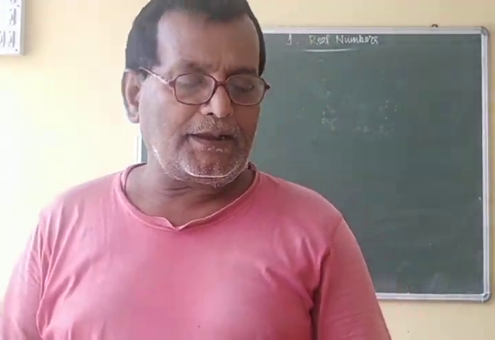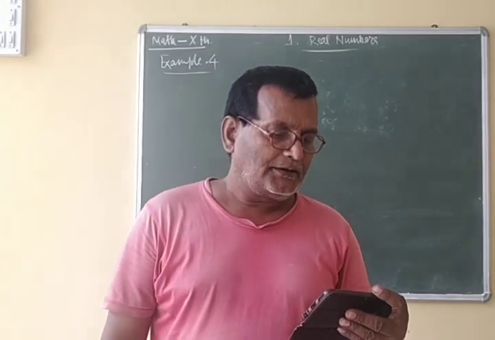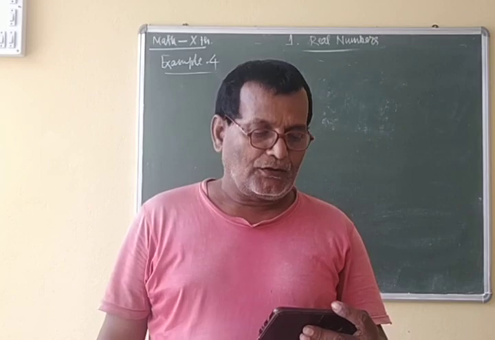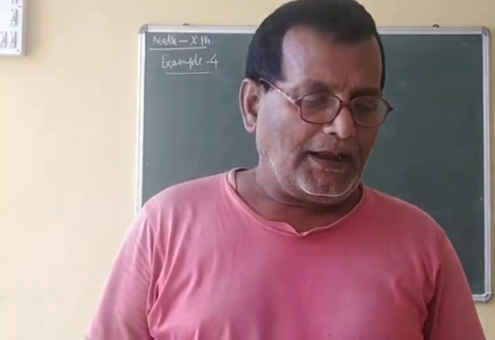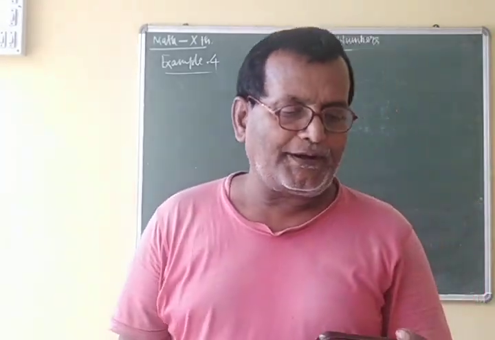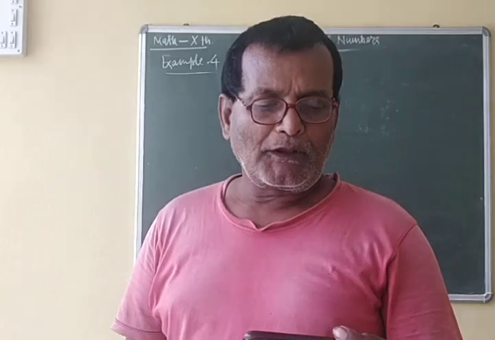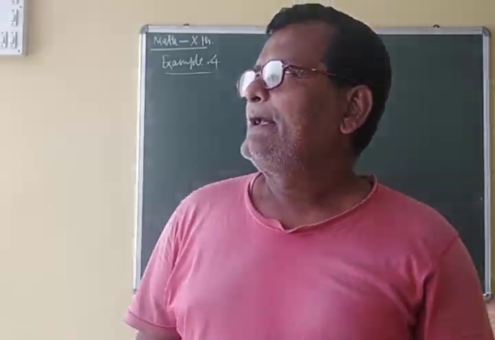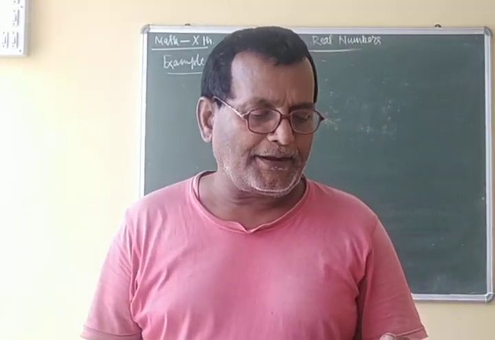Here we have to find the number of barfis that can be placed in each stack. So we should at first find the HCF of 420 and 130 by Euclid's division lemma, because we know that HCF is the common factor of given numbers.